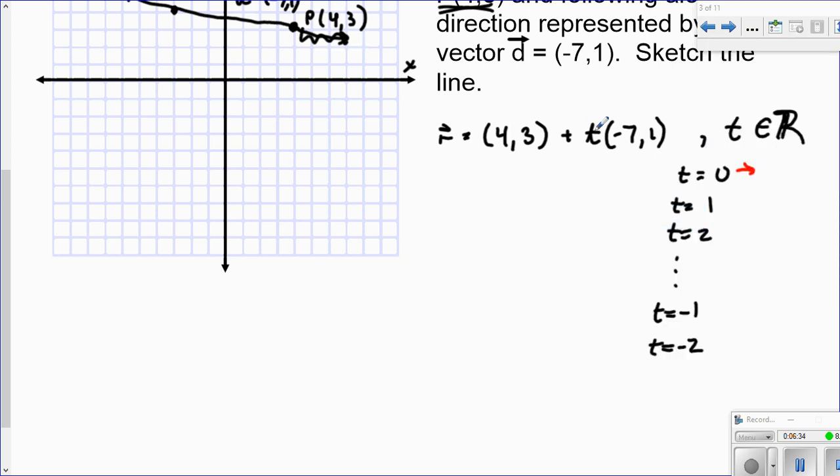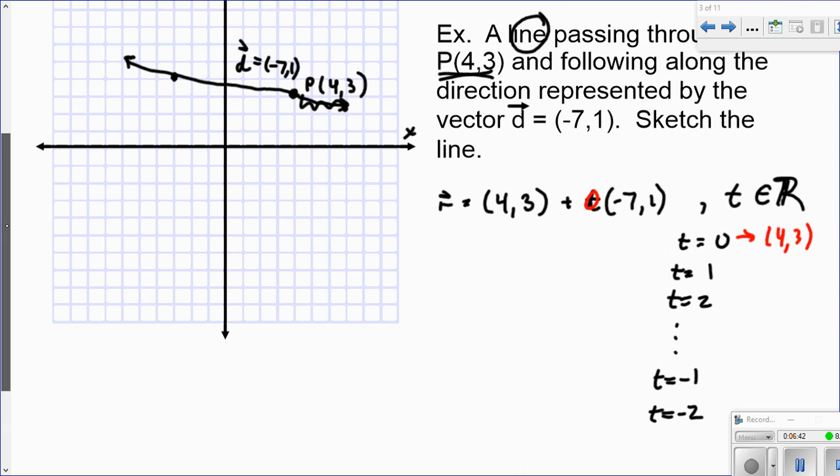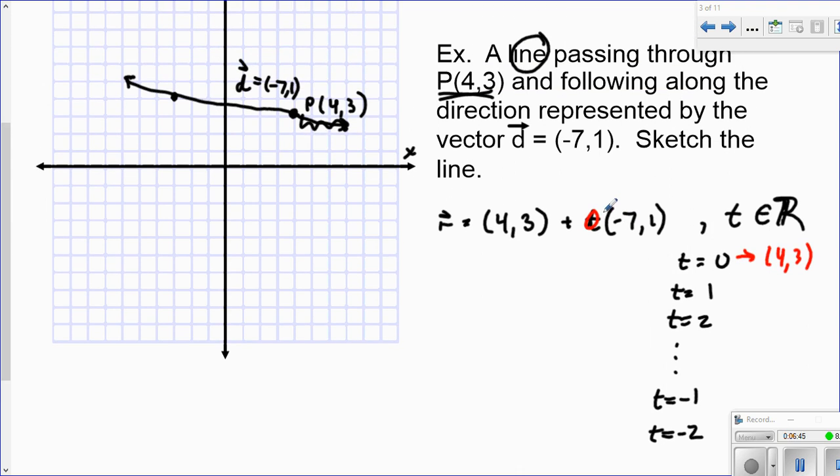So when t equals 0, I don't have anything here, I've got the point (4, 3). When t equals 1, I would have a 1 here, so 4 take away 7 is -3, and then 3 plus 1 is 4. That's my new point here.